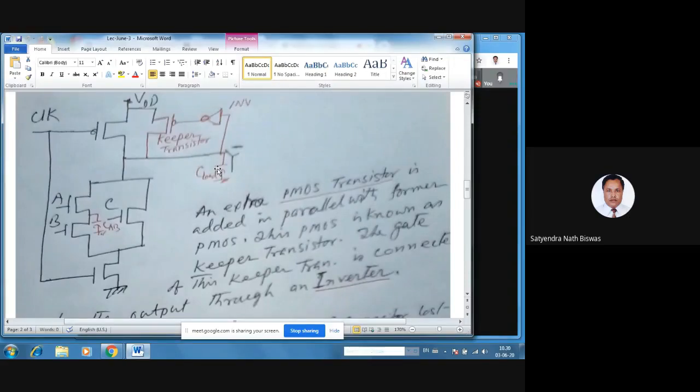So this load voltage will remain the same at all times. Even though it is discharging a little amount to charge the capacitor between A and B, the charge will come from VDD and will recharge and keep the output voltage a strong 1.